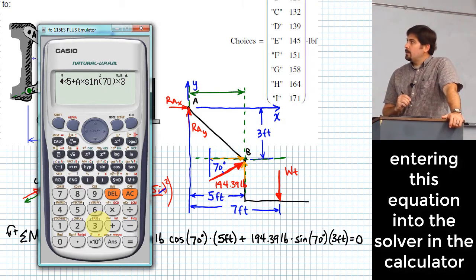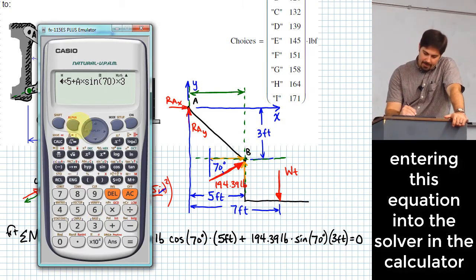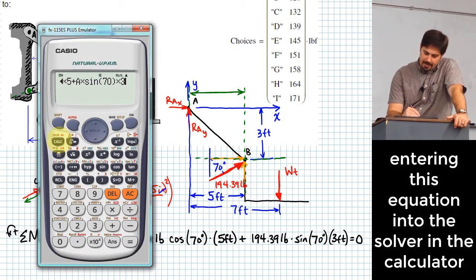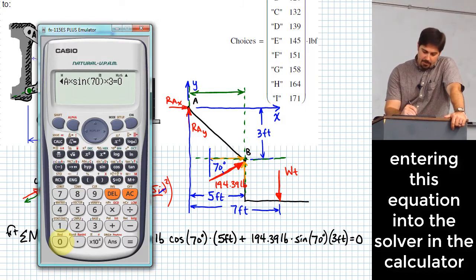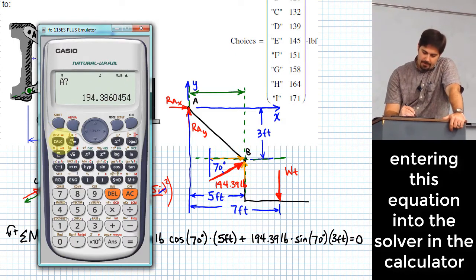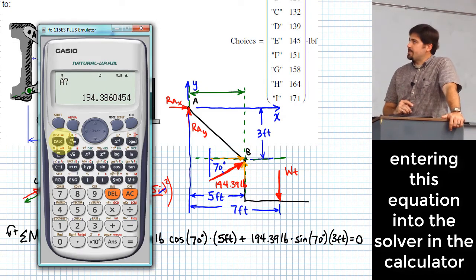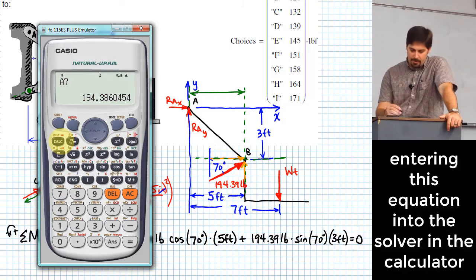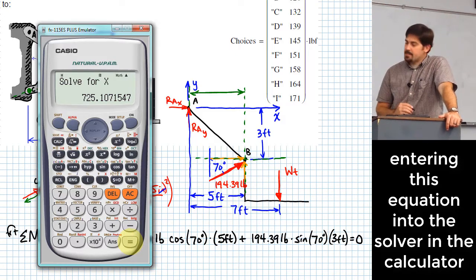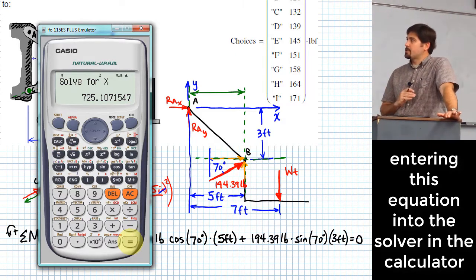Okay, and once you put all that in there, you hit alpha, and above the calc key, you'll see an equal sign. You're going to set all that equal to 0. And with this calculator, you can just hit Shift, and above the calc key, you'll see solve. Okay? The first thing it does is it says, is this still the value you want to use for A? You say, yep, that's what I want to do, so you hit equals. The next thing it does is it says, would you like me to solve for X?